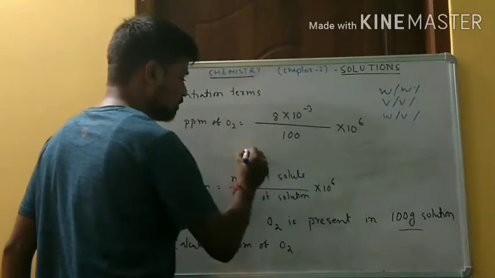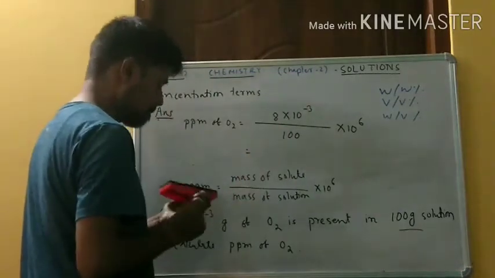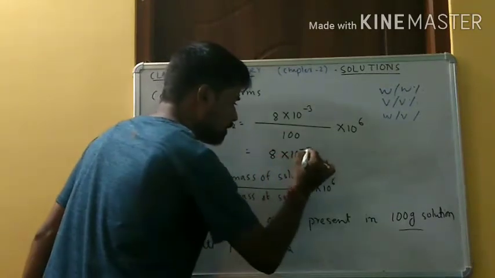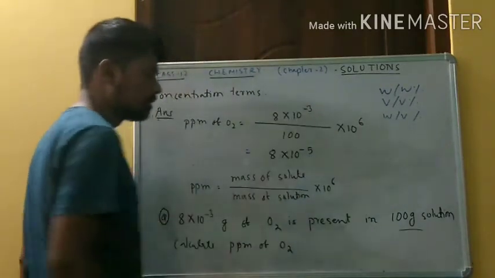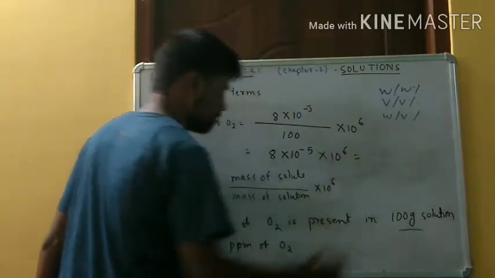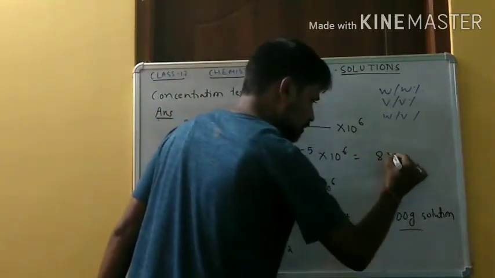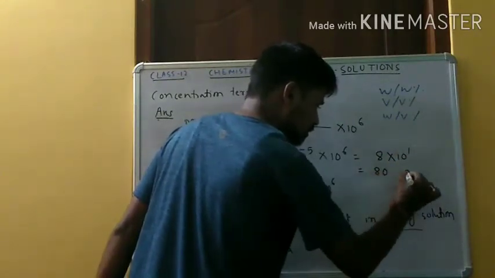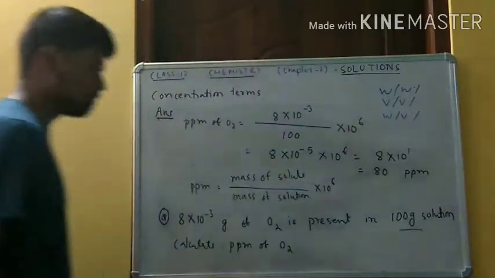Dividing by 100, it becomes 8 into 10 to the power minus 5, into 10 to the power 6. The answer will be 8 into 10 to the power 1, or 80 ppm.